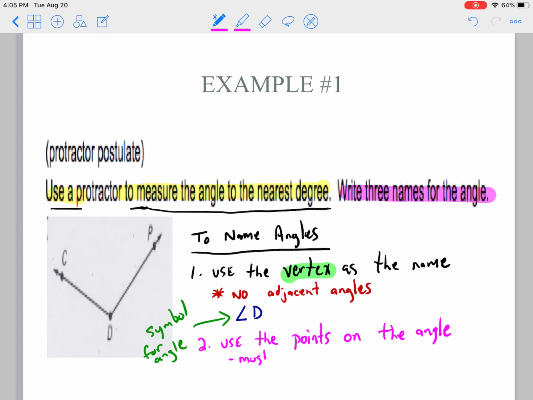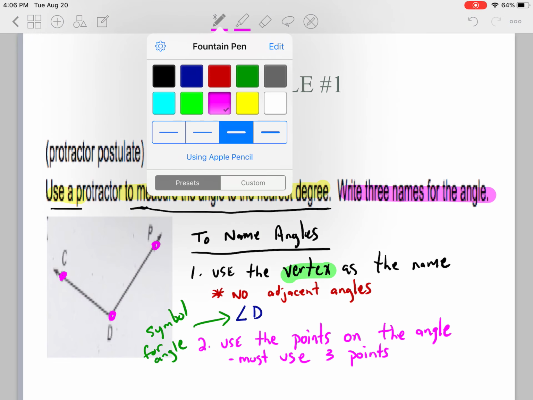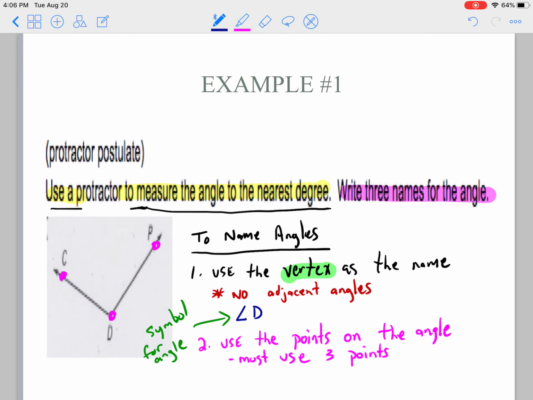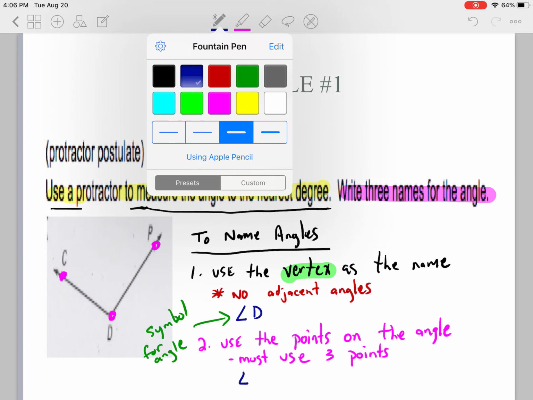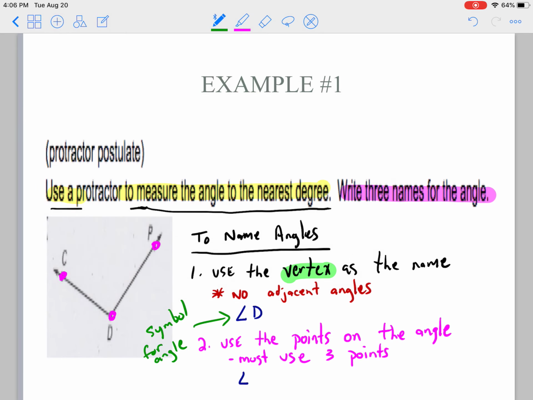And I must use 3 points. So I have 3 points on the angle: point C, point D, and point P. So now I can say angle. Here's the thing, I have to go in order.